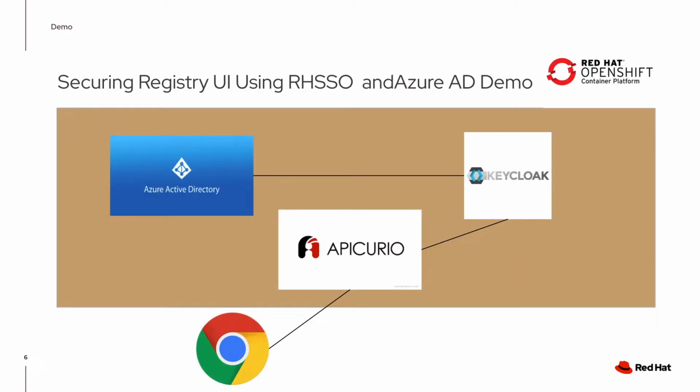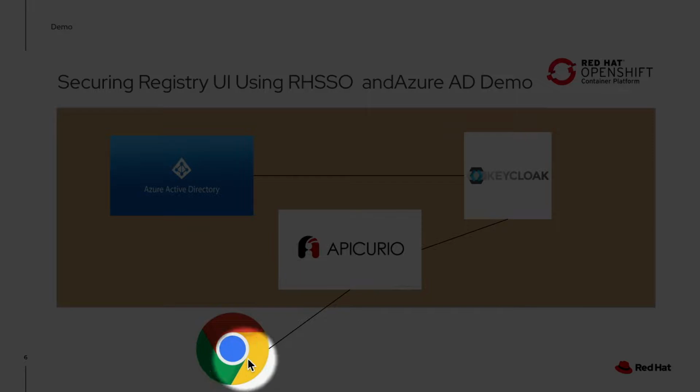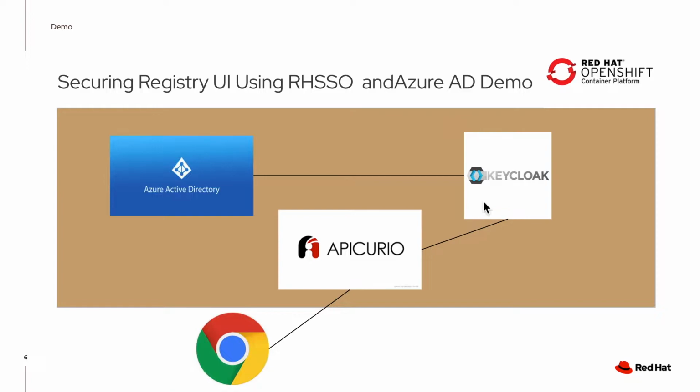This is what I'm going to demo. I'm using a browser to access the Apicurio user interface. And when I do this, it gets redirected to Keycloak. So depending on which authentication you're going to use, with Keycloak as both the service provider and the identity provider, you just use the Keycloak user and credentials to log in.